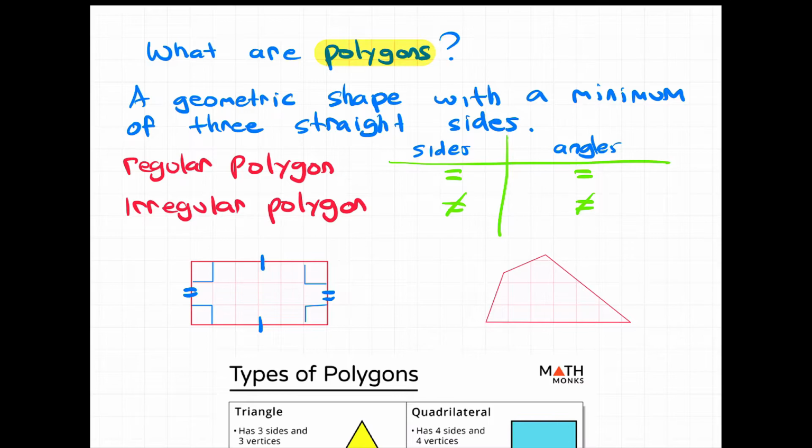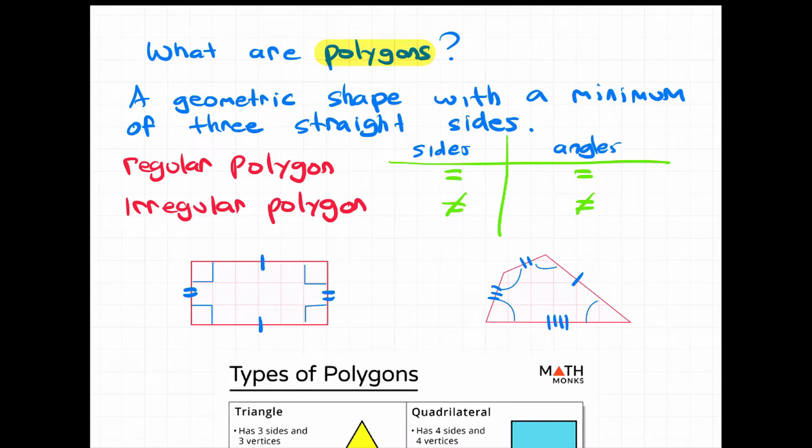And the one to the right, you can see that we've got 1, 2, 3, and 4 angles that are all different. And I've got 1, 2, 3, 4 sides that are all different as well. So this would definitely be an irregular polygon.